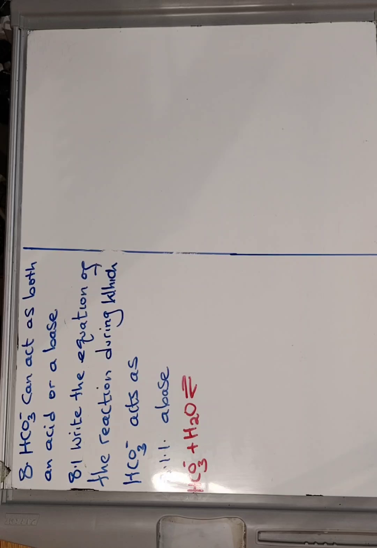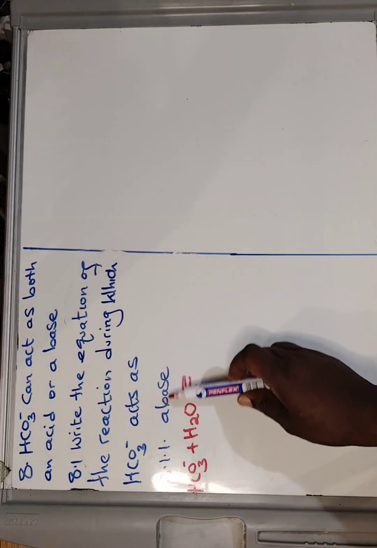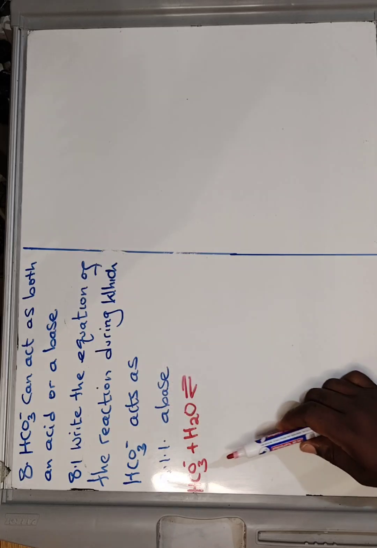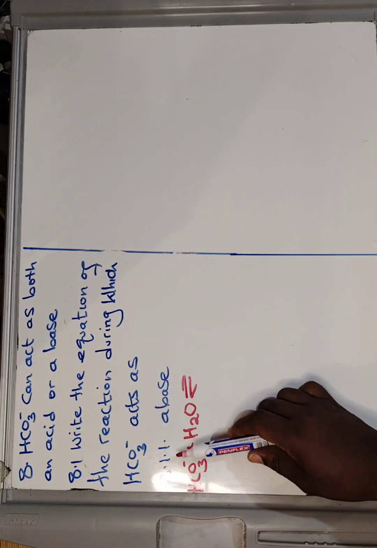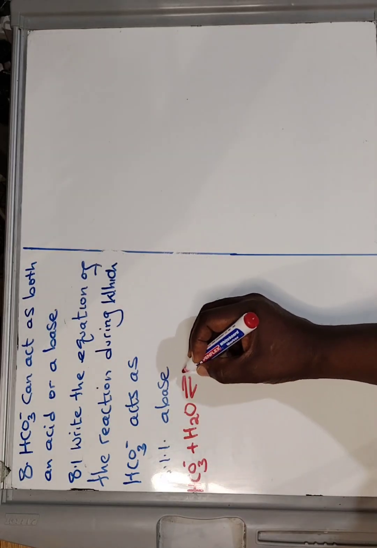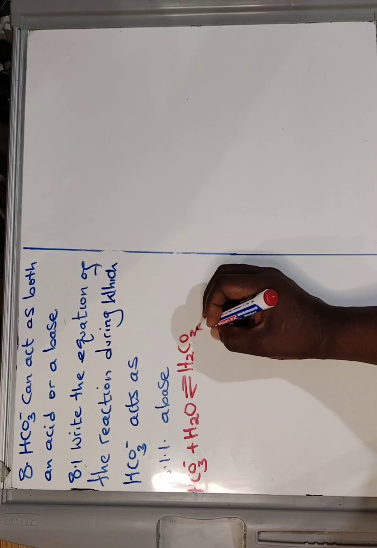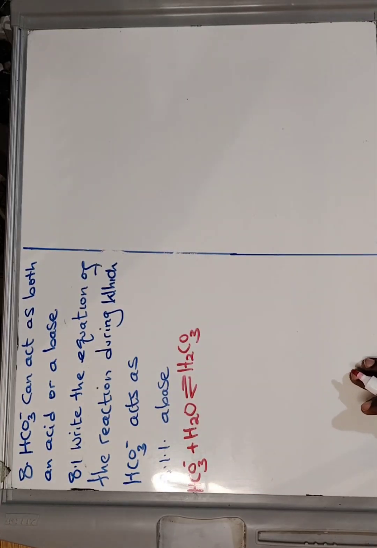Under the circumstance, what do we know? We said the bicarbonate is acting as a base, so it is taking up a proton from water. And what do we get here? It's called carbonic acid.